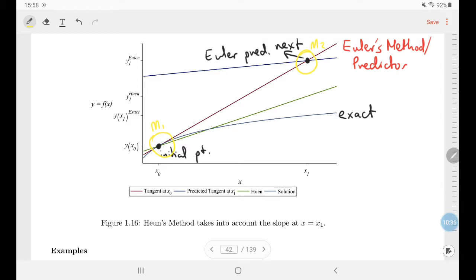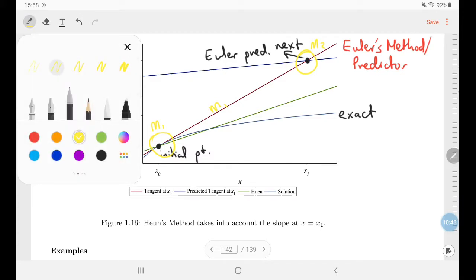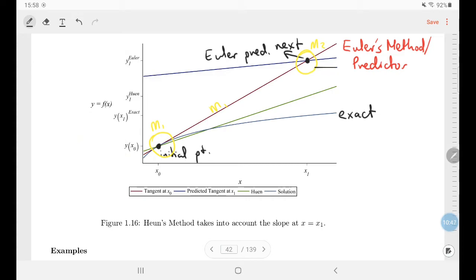So the slope of this is m1. But what this other m2 is: this is a point here, so we call this x1, y1,0. And you can put that into the differential equation, dy/dx equals big F of x, y.